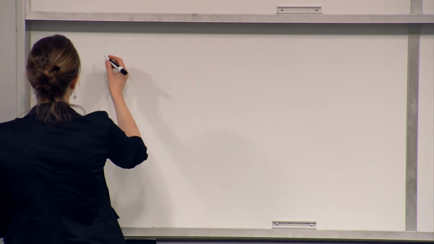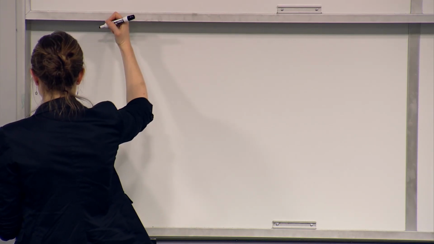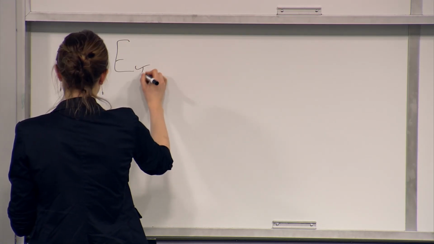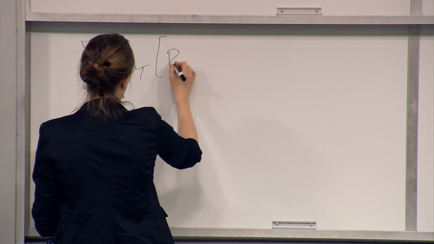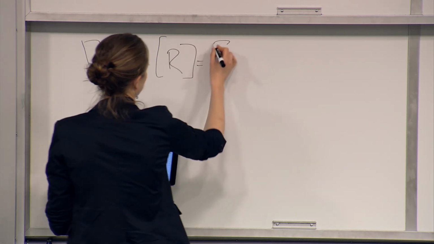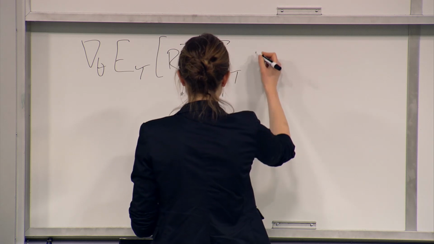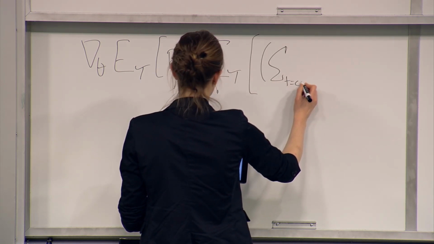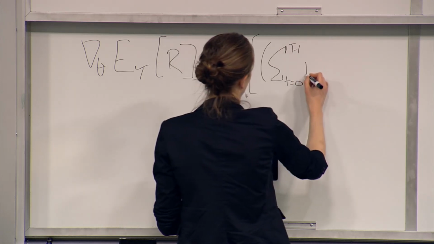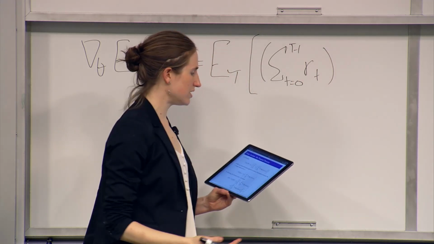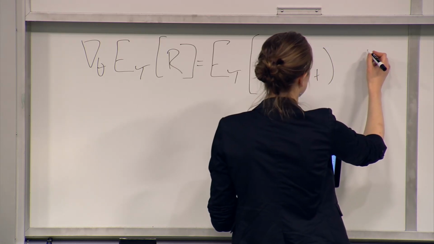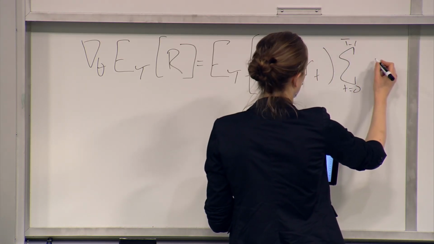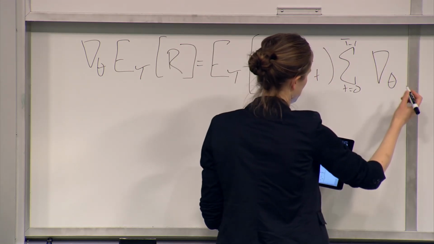So what we had before is that the derivative with respect to theta of the expected value over tau of the return is equal to the expected value, over the trajectories you could get, of the sum over t equals 0 to T minus 1 of r_t, just the sum of rewards, times the sum over t equals 0 to T minus 1 of the derivative with respect to your policy parameters.